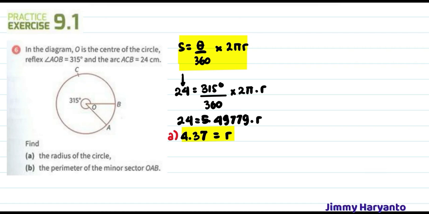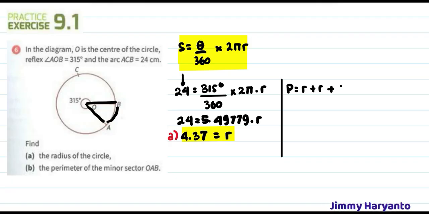Next is the perimeter of minor sector OAB. That means this one. For the second question, the perimeter itself will be r plus r, and then plus the arc length. Unfortunately, the arc length is not 24 because 24 is the major arc. So we have to find the arc length later. The radius is 4.37 plus 4.37 plus the arc length.